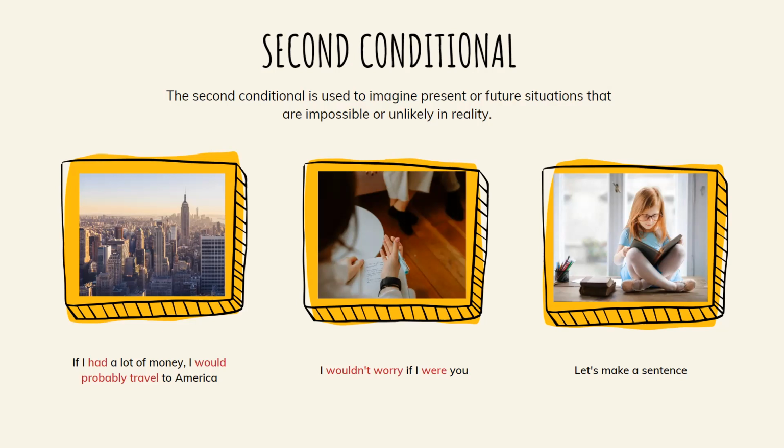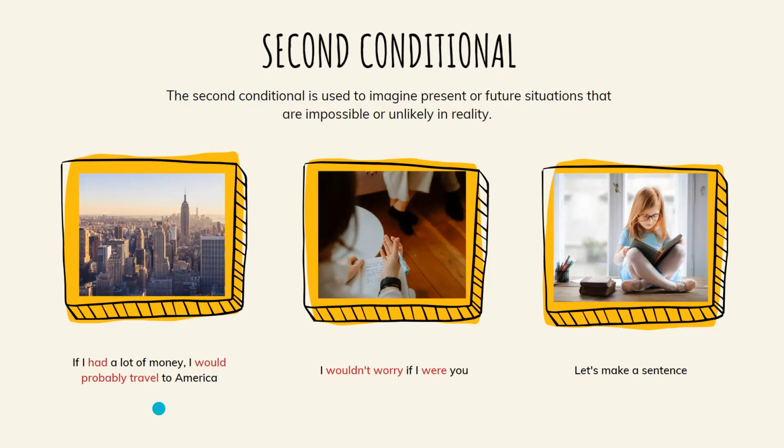The meaning behind this sentence is that that person doesn't have a lot of money. Yeah, in his situation, he doesn't have a lot of money. It's real, but he's imagining, if I had a lot of money, I would probably travel to America. So you see, we use this conditional for imaginary situations.